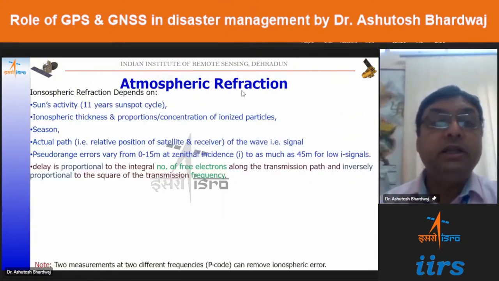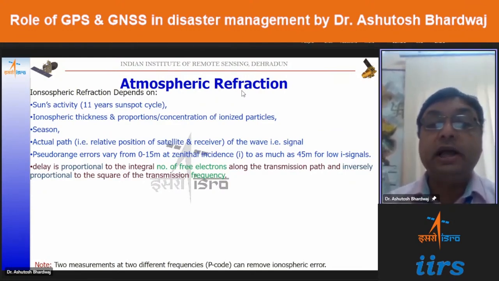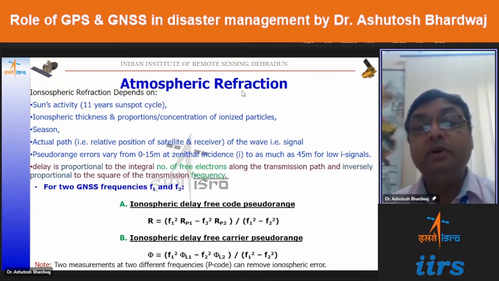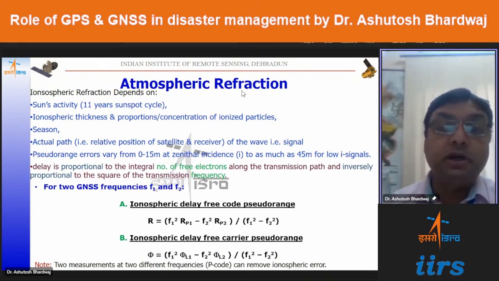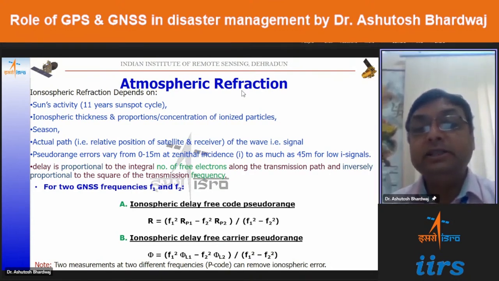Then ionospheric errors are also there, which are highly dependent on many factors, and they could go up to an error of the order of 45 to 50 meters. That is why the P code has been put for the US defense on the L1 and L2 carrier waves, because as per dispersion theory, if we put the same signal on two different wavelengths, the delays can be computed.